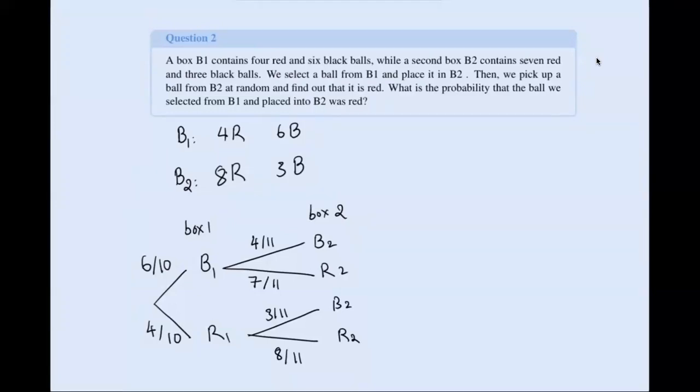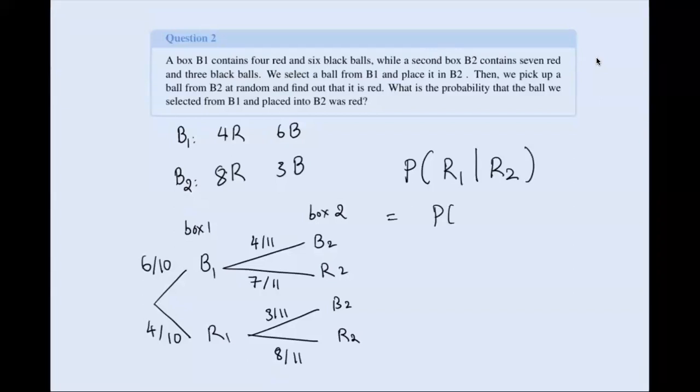We are interested in the probability that the ball we selected from B1 and placed into B2 was red, given that we got a red ball from B2. So I want to find the probability that I pick a red ball from box 1, given that I got a red ball from box 2.